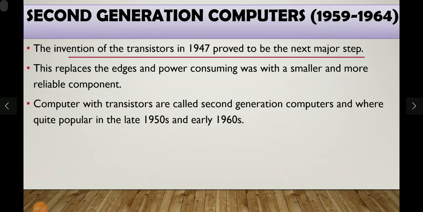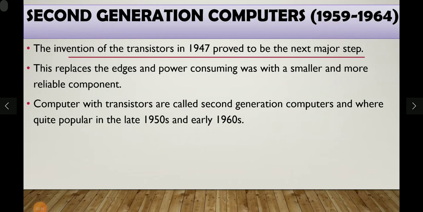We saw how the first generation computer looked. Those computers, with the small change of bringing in transistors, are called second generation computers and were quite popular in the late 1950s and early 1960s. That is 1959 to 1964.